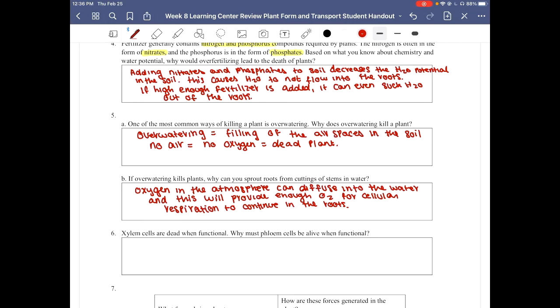But when you overwater the soil, the air pockets don't really exist anymore because it's just filled with water now. So it's harder for oxygen in the atmosphere to diffuse to that water because it's underneath the earth, inside the soil. So atmosphere oxygen can't diffuse into that water, and there's also no air pockets anymore. So it decreases the oxygen that the plant has access to.